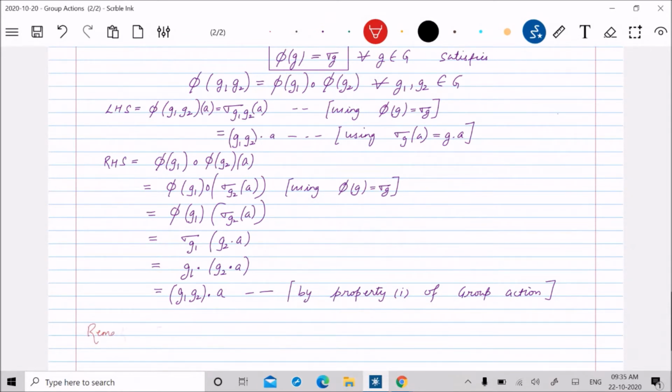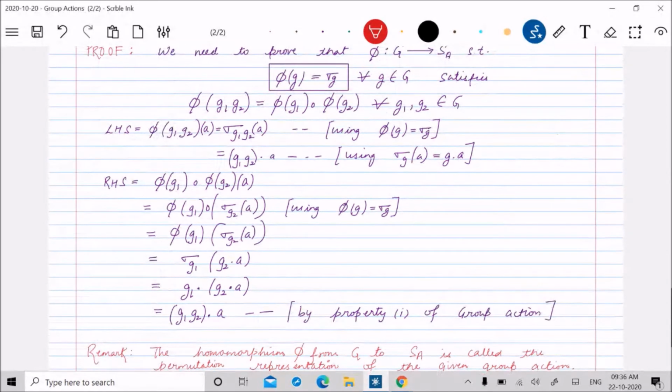The homomorphism phi from G to S_A is called the permutation representation of the given group action, right?